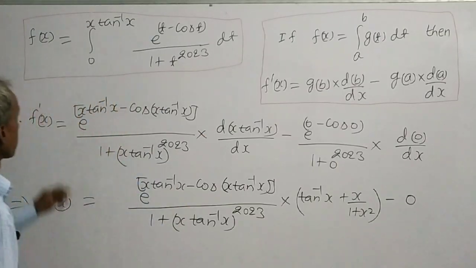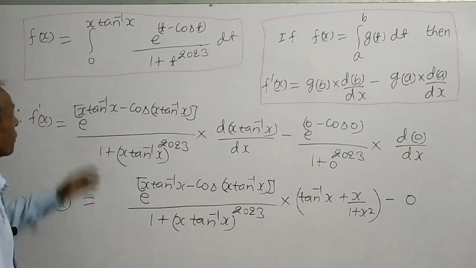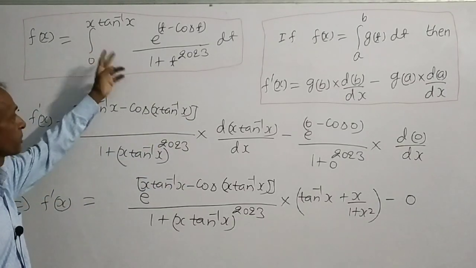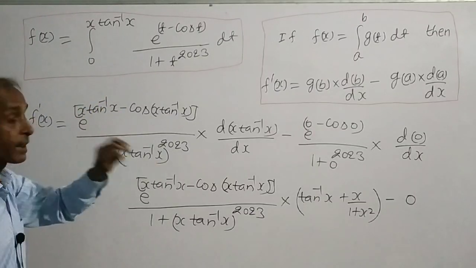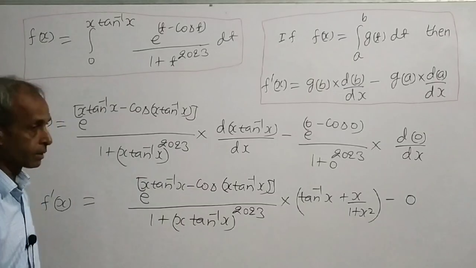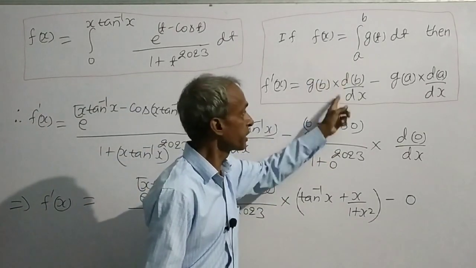In the question, a function fx is given. When we differentiate this function with respect to x, we will get f dash x. To differentiate this, we will use this formula.